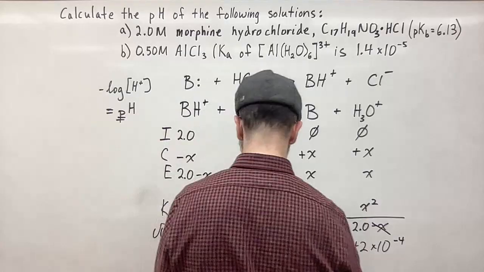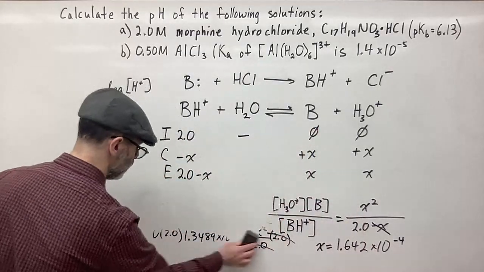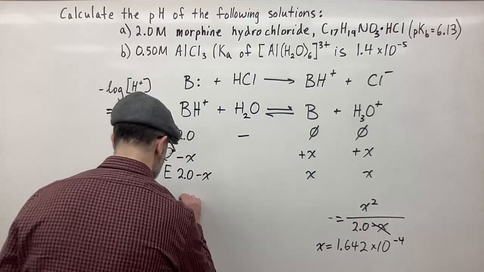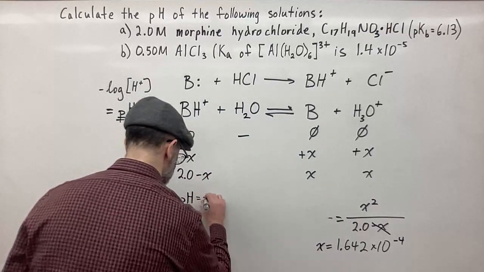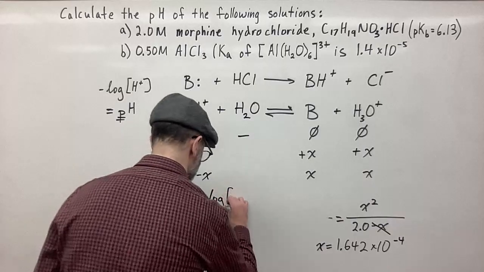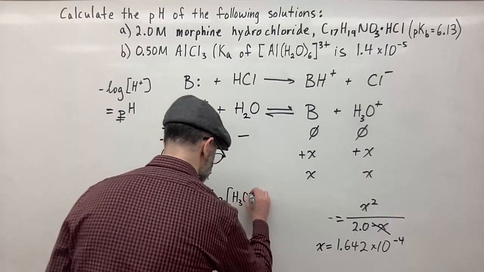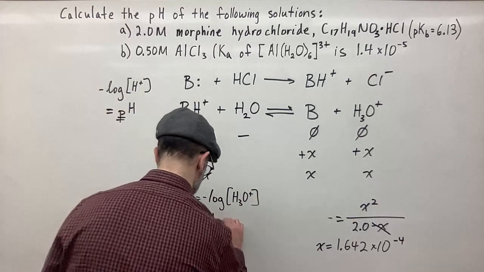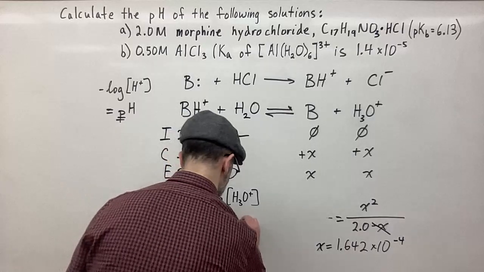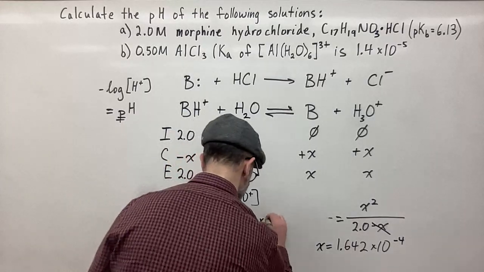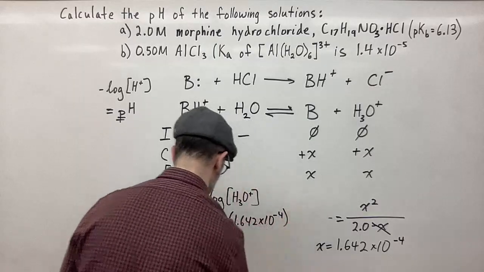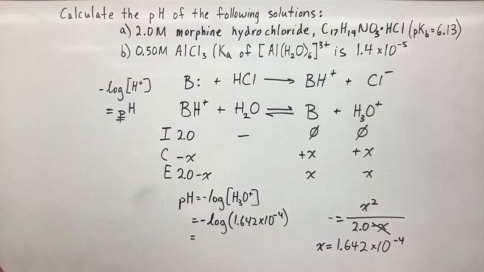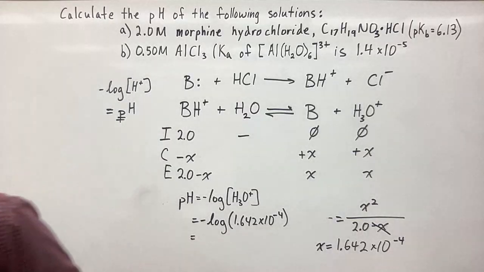So the pH is going to be equal to the negative log of 1.642 times 10 to the negative 4, and therefore we get a pH equal to 3.784.